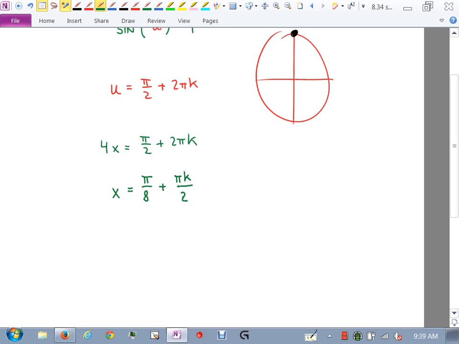Now, we're going to need general solutions, right? I'm going to need to start cycling my k's through. So I recommend you put these together first before you do that. So what would your common denominator be? 8. So I should multiply that pi k over 2 by 4 over 4 here so that I get an 8 down here, and then whatever happens up there happens up there. So what must x be equal to?